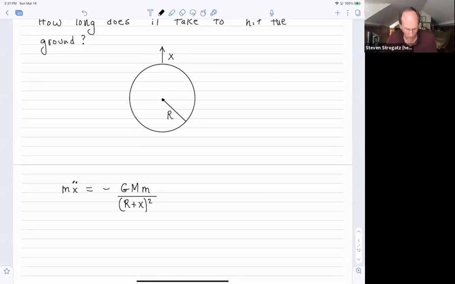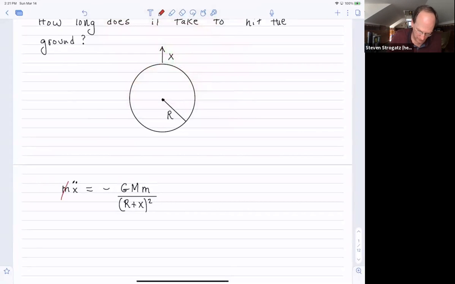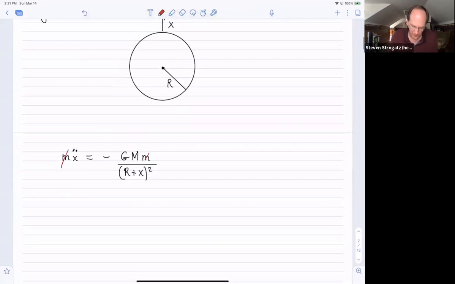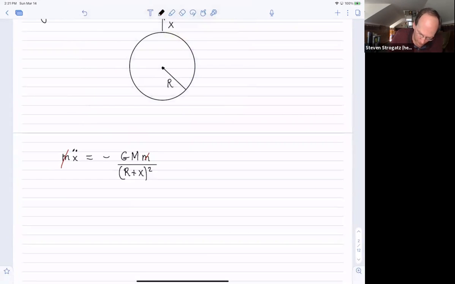Okay, so that's our equation, and we can clean it up a little bit. Notice that I could cancel out the little m's. And it's convenient to write this by multiplying and dividing by capital R squared, like so. So minus G, big M, all over R squared, times R squared on the top, over R plus x squared.